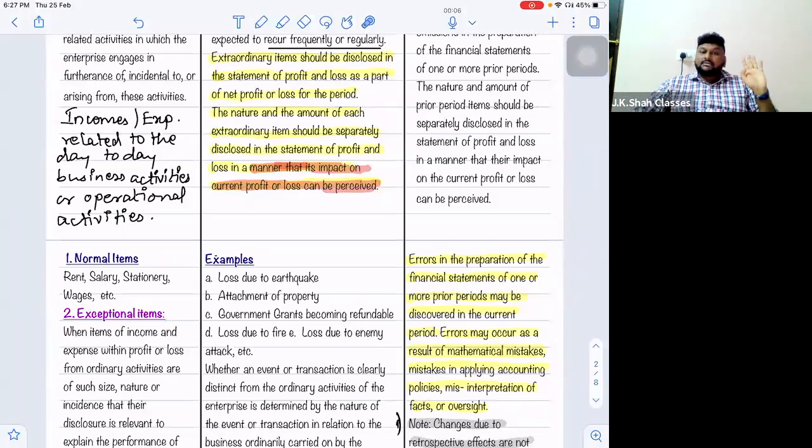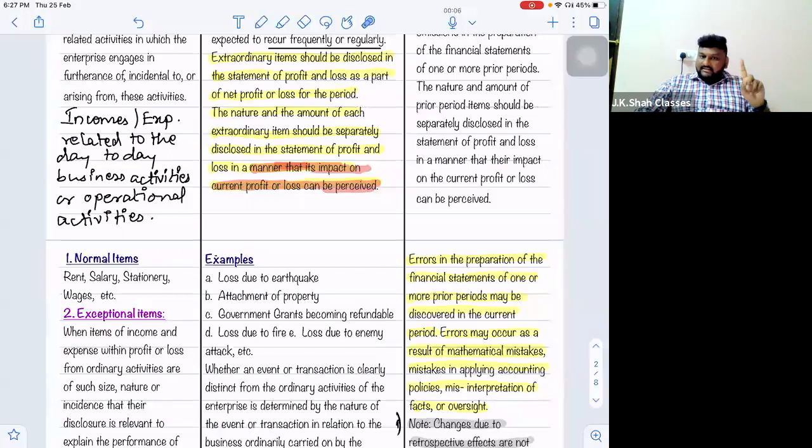But think from the insurance company's point of view. For an insurance company, settling an insurance claim is very normal and ordinary in nature. So for them, settling a claim is an ordinary item, but for you, receiving an insurance claim is an extraordinary item.